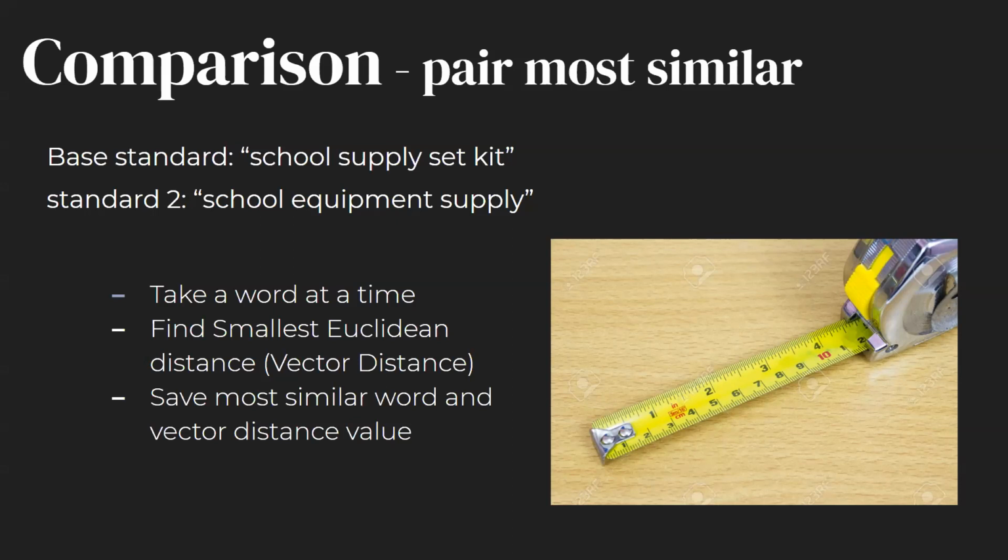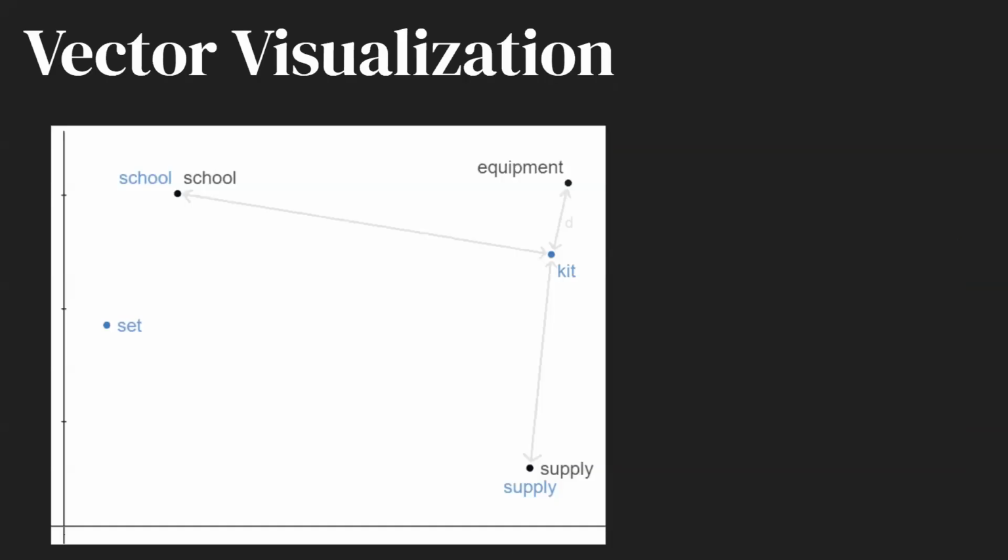By smaller standard, we mean the standard with fewer words. Then we determine the most similar word based on the smallest Euclidean distance value, meaning the vector distance between them. Next slide, please.